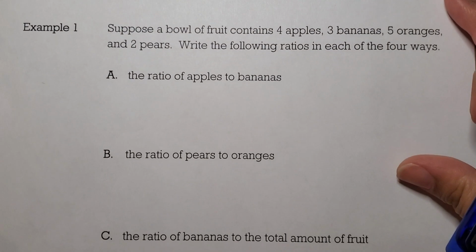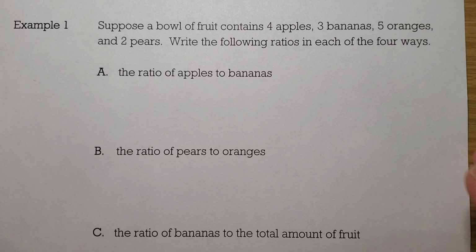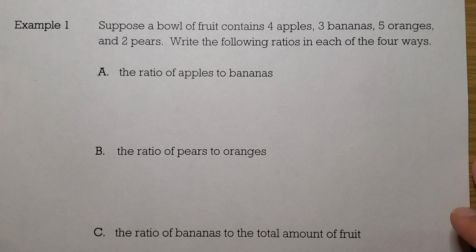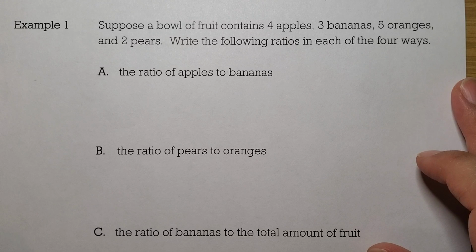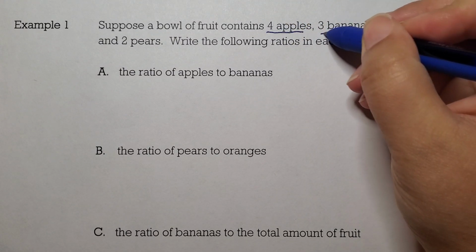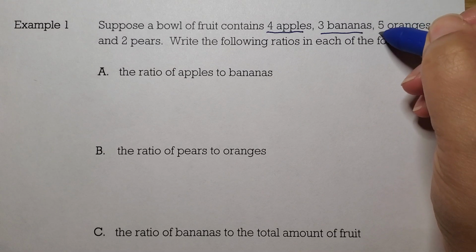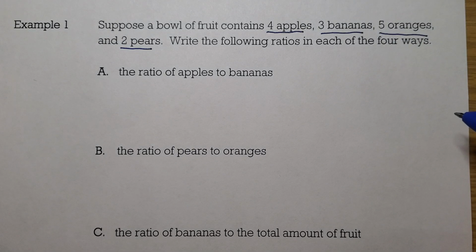So let's go ahead and do an example of writing out a few ratios using these four notations. In this example, it says, suppose a bowl of fruit contains 4 apples, 3 bananas, 5 oranges, and 2 pears. We're going to write each of these ratios in the 4 ways. So we're going to use to, a colon, as a quotient, and as an ordered pair.